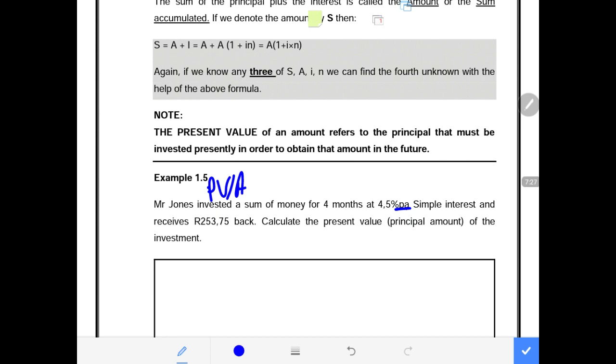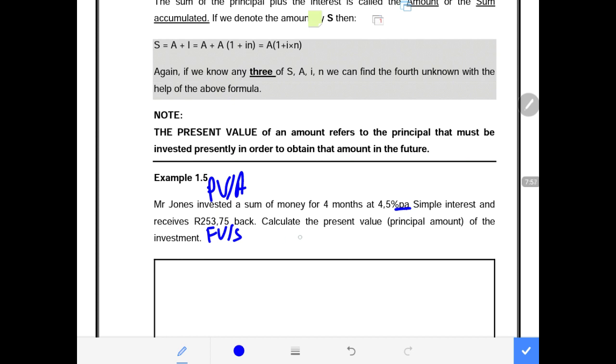Then it says, and he receives 253 rand 75 cents back. So now this is the amount that he receives in the future, which is the future value, or the sum accumulated. But we don't know how much he invested, but we know that there is an amount that he invested.